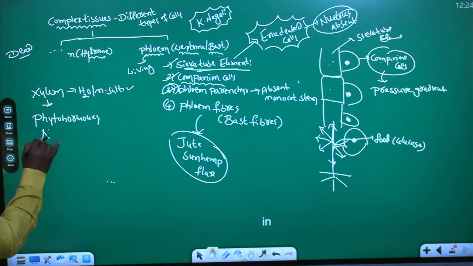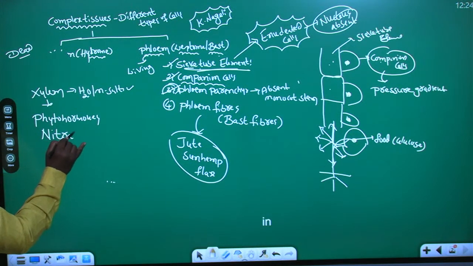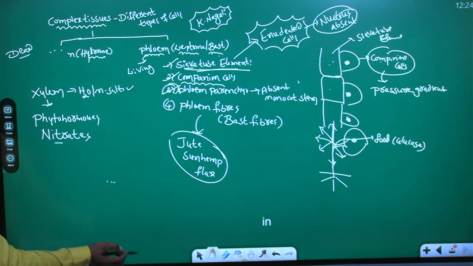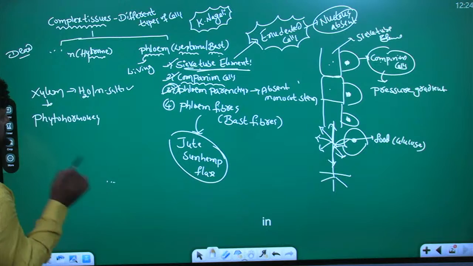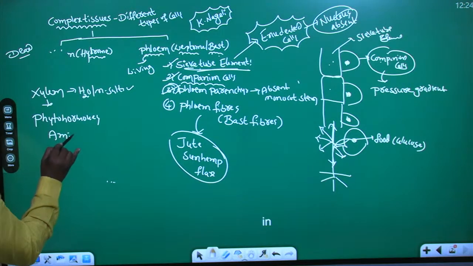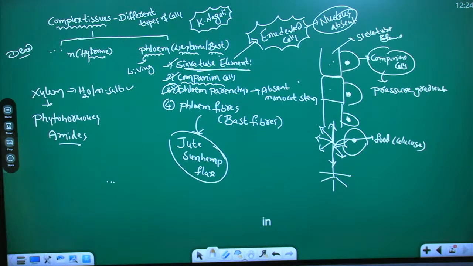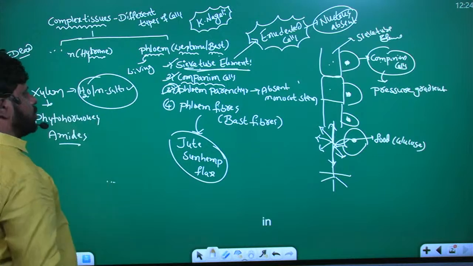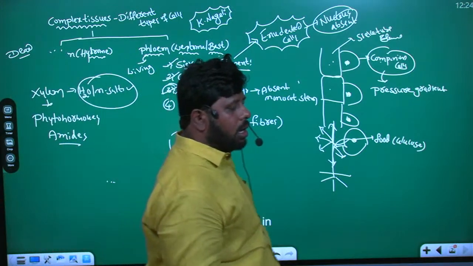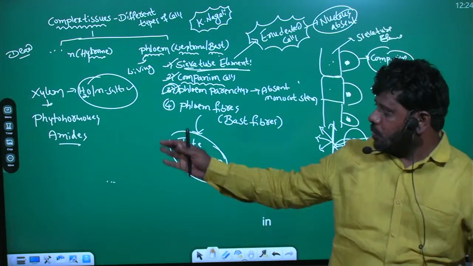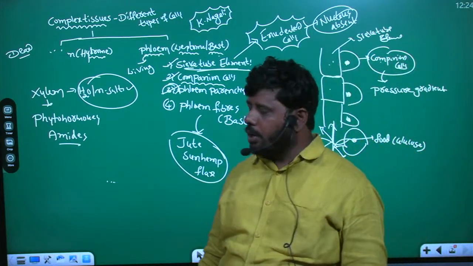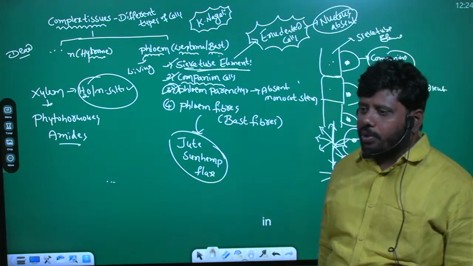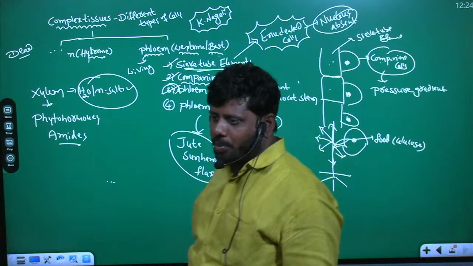And also nitrates and amides. Xylem majorly transports water and minerals. Xylem also transports phytohormones and amides. Okay, so this is the information related to complex tissues.